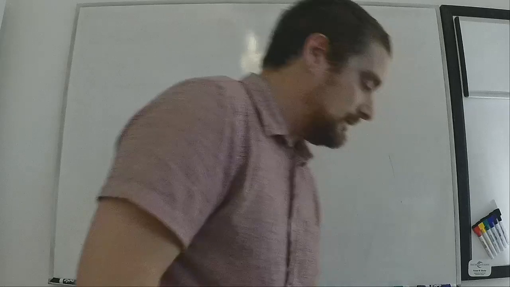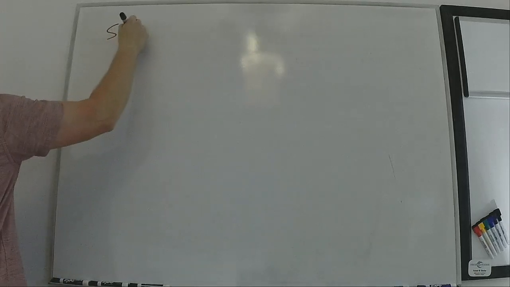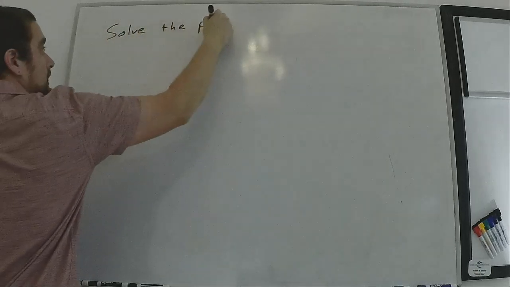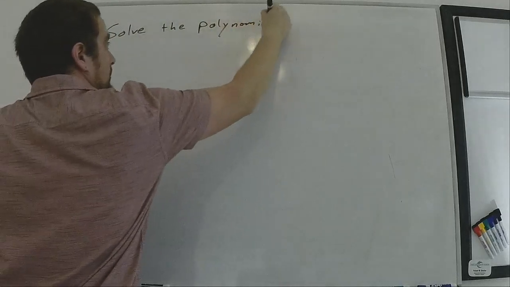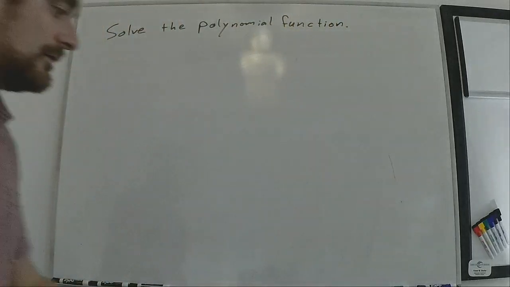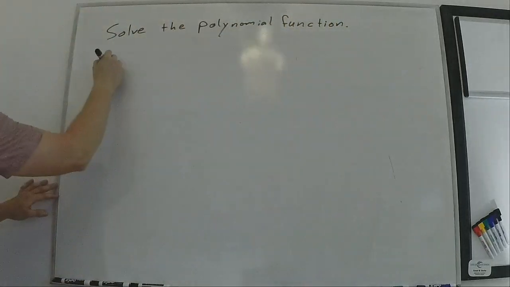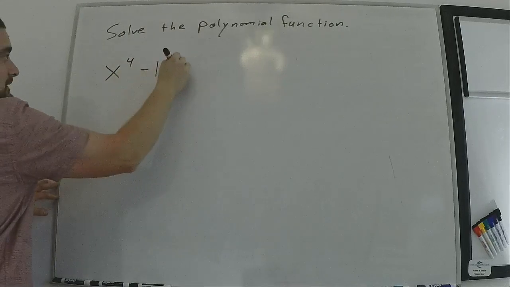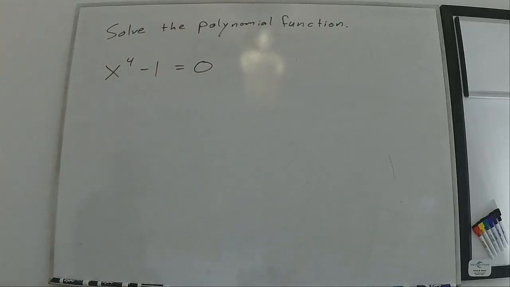Let me see if I can pull up an example here. Let's say our task is to solve the polynomial function, which means we are starting from scratch, and we're going to take x to the fourth minus 1 and set it equal to 0.